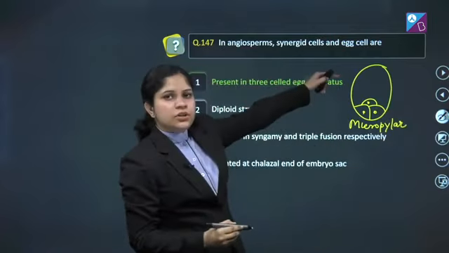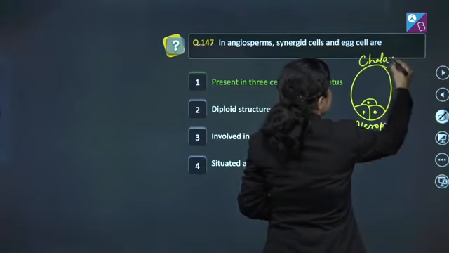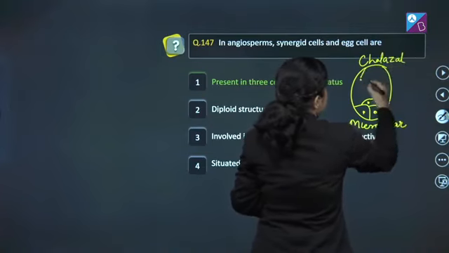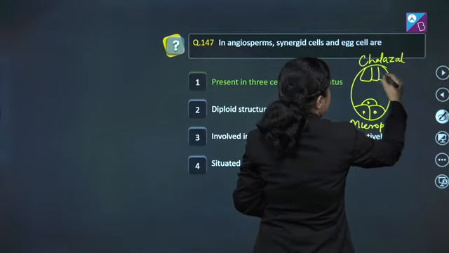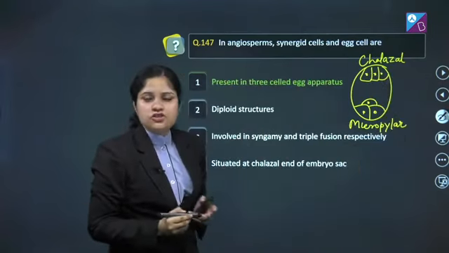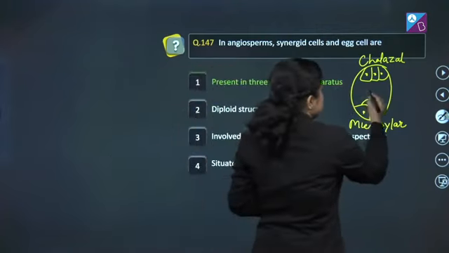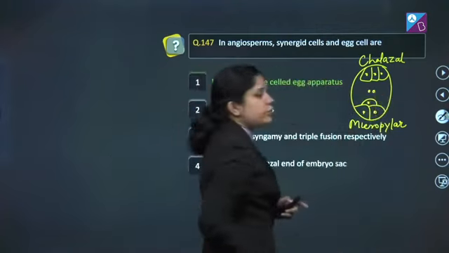And opposite to the micropyle, we have the chalazal end, where we have 3 antipodals. And in between, we have the largest cell of the embryo sac called the central cell, which possesses 2 polar nuclei.